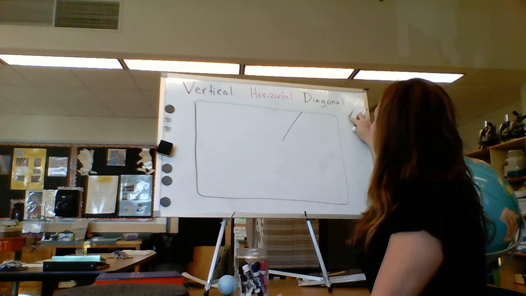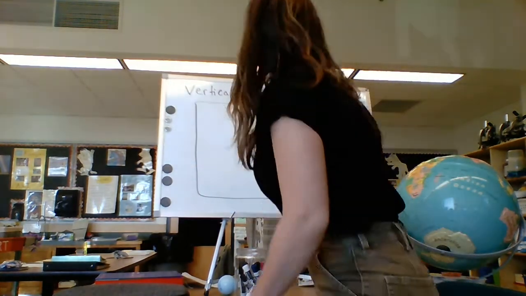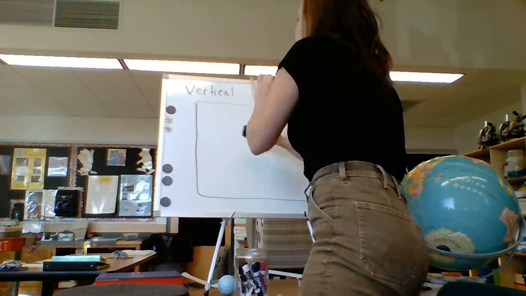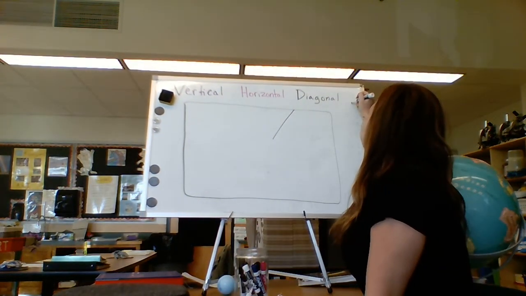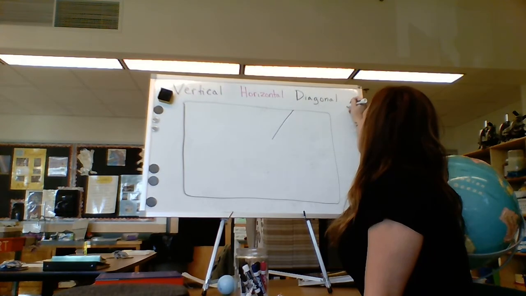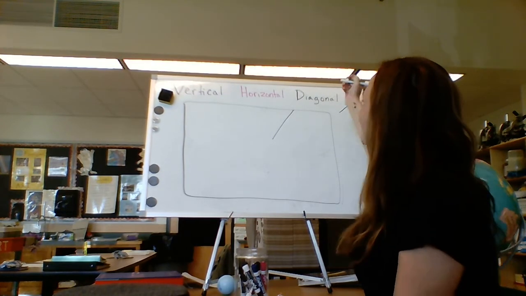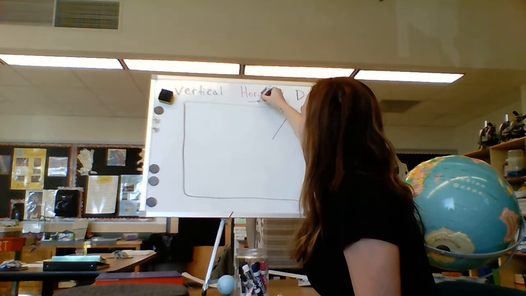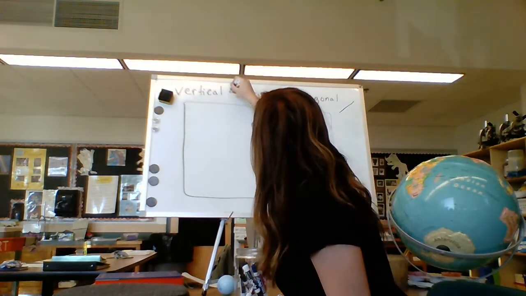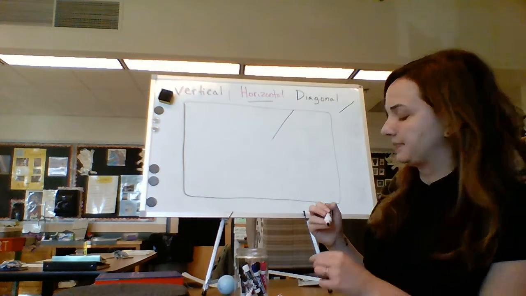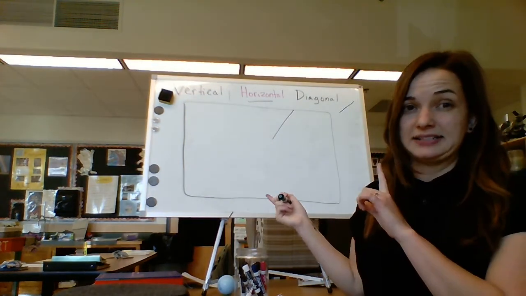Ooh, let's try that again. Even art teachers make mistakes. It's fine. A diagonal line goes from one corner to another corner. A horizontal line is one that goes across the paper like that. And a vertical line goes up and down a paper like that. So we're going to be using all of these kinds of lines in our picture.